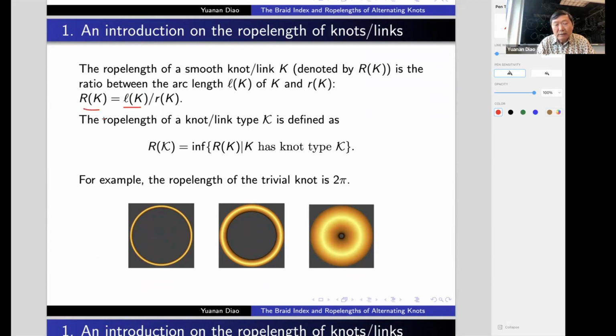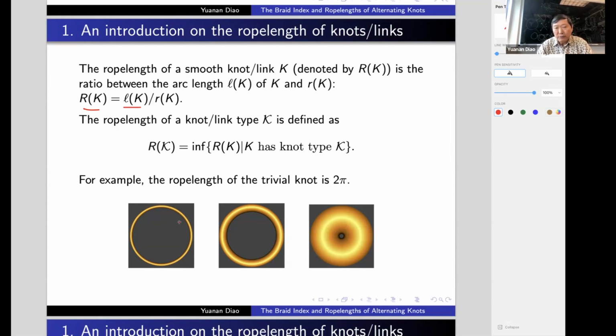This quantity is scale invariant, and you define this as the rope length of this particular curve. Once you have that defined, you can then define the rope length of a knot type, which I would just call the knot. Basically, it's the infimum of the rope length of all the Ks that have that knot type.